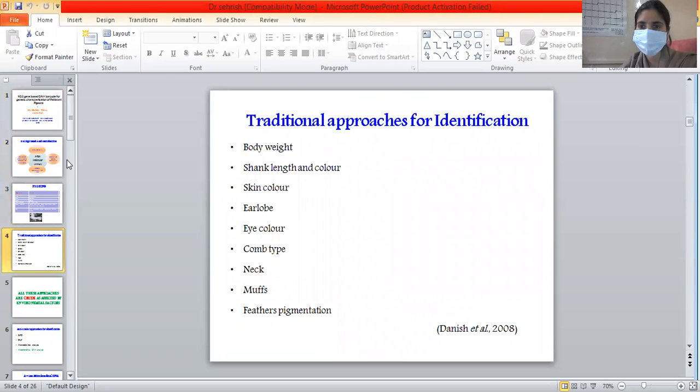Although by the fanciers and bird breeders, there are some traditional and classical approaches for their identification, like using their body weight, shank length, skin color, earlobe color, neck muffs, and the feather pigmentation. All these can be used for phenotypic identification of the birds.